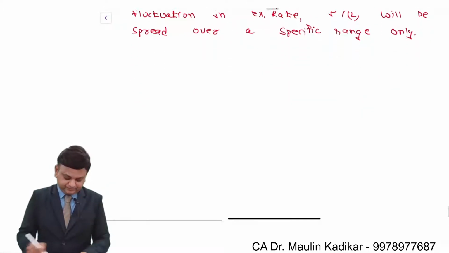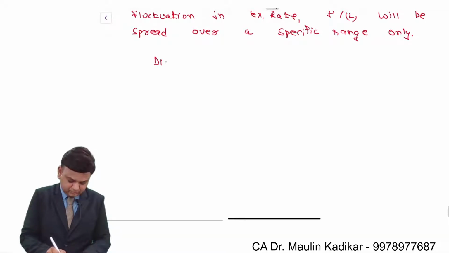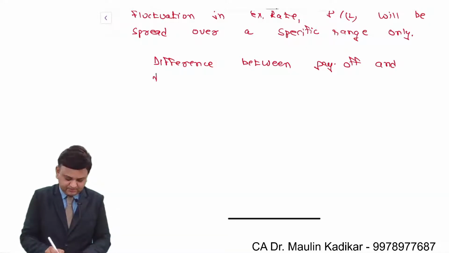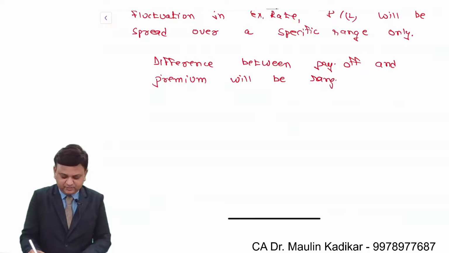With paragraph, write down: difference between payoff and premium will be range of profit or loss.